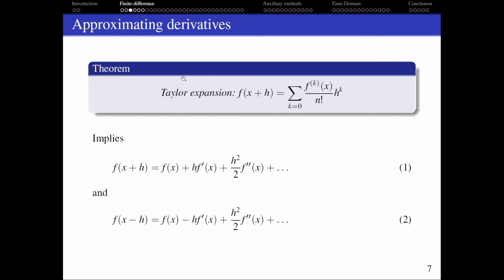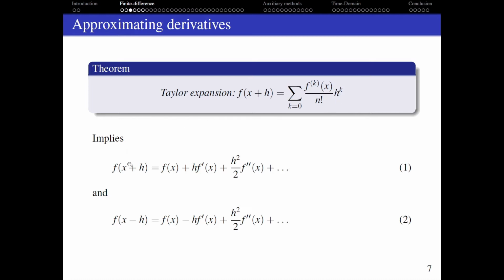To do this, we first start with the Taylor expansion, which defines the value of a function when you shift it by a small value h, and this depends on all the derivatives of this function.